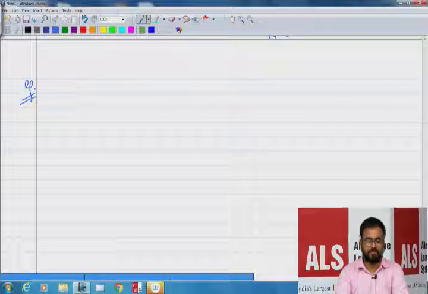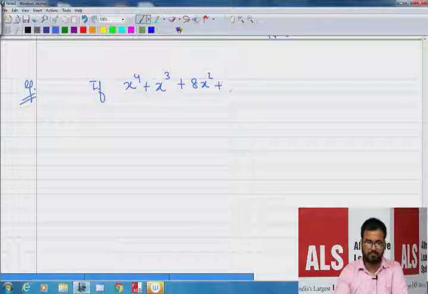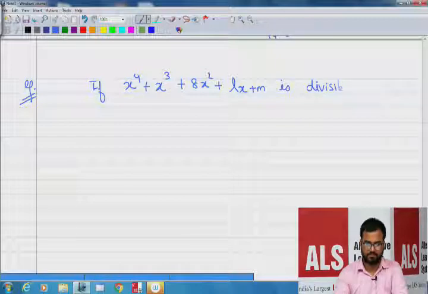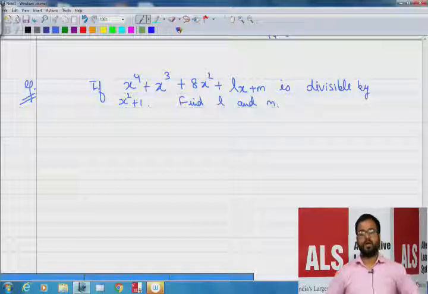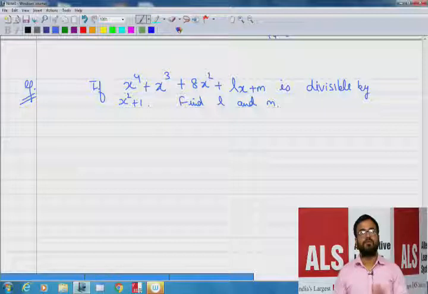Okay, now next question, a very good question based on the concept of remainders. The question says, if this polynomial x power 4 plus x cube plus 8x square plus lx plus m is divisible by x square plus 1, divisible means that when you do the long division, the remainder has to be 0.